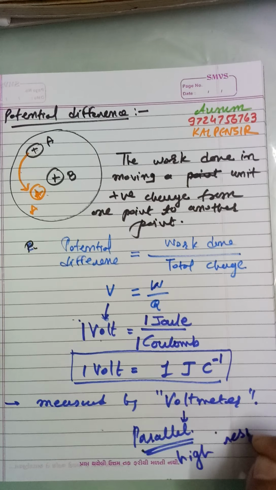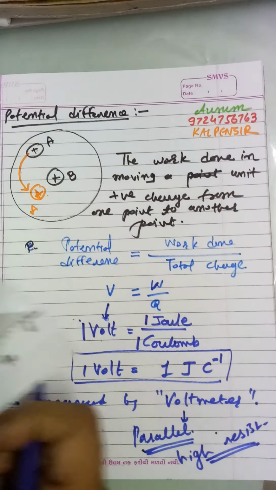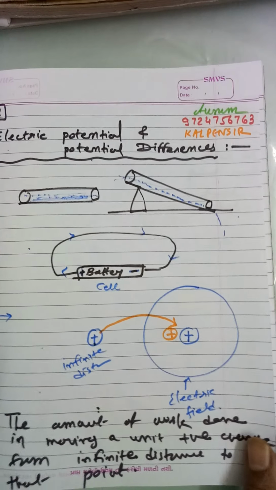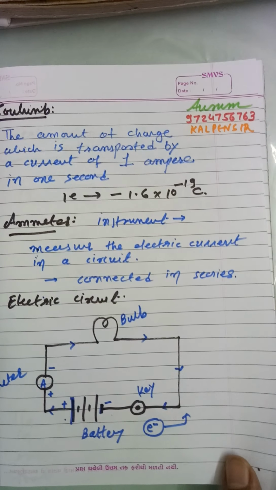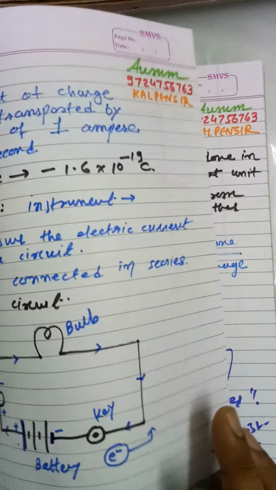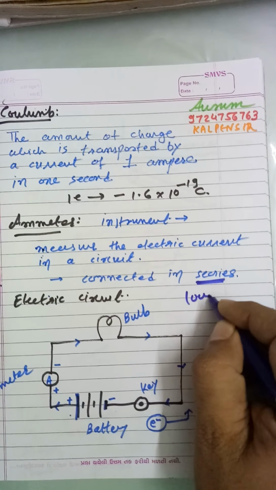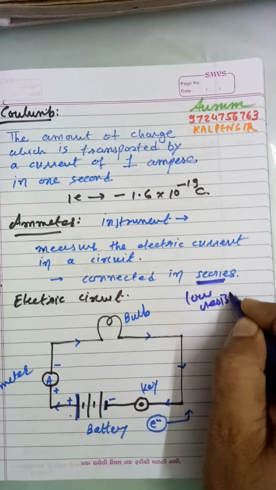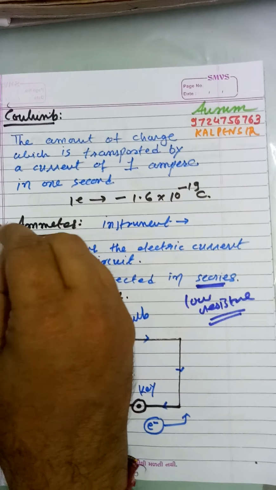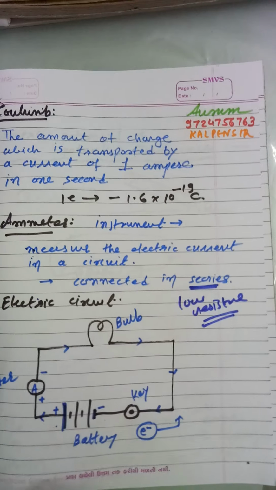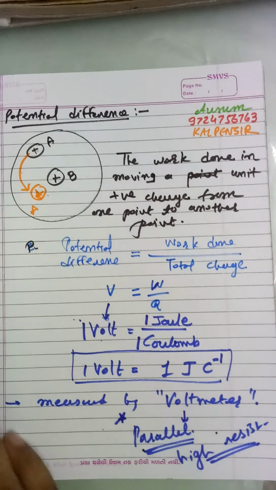While the ammeter is connected in series and has low resistance. So you can distinguish between an ammeter and a voltmeter.